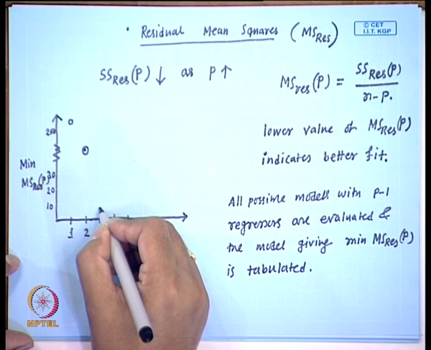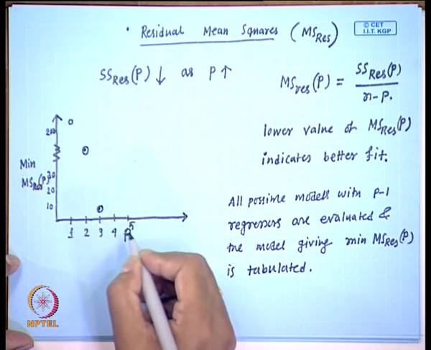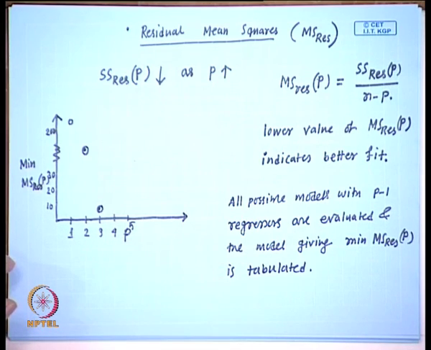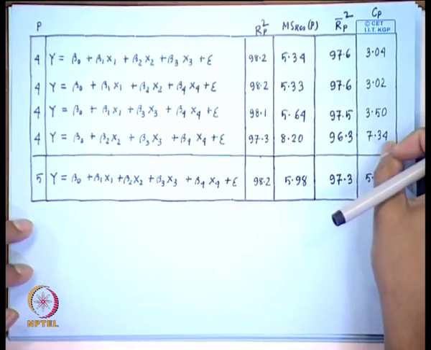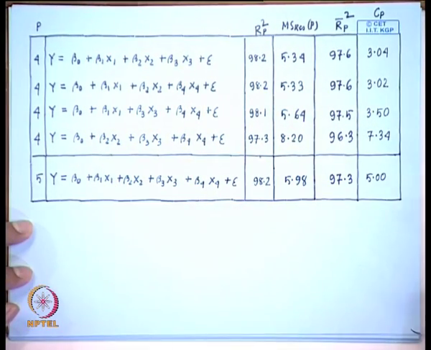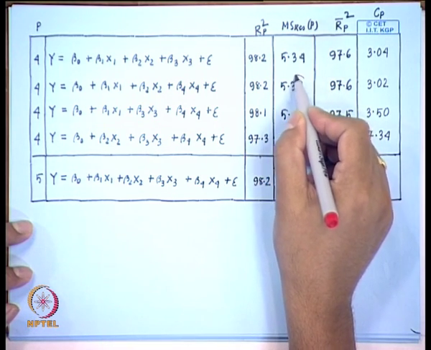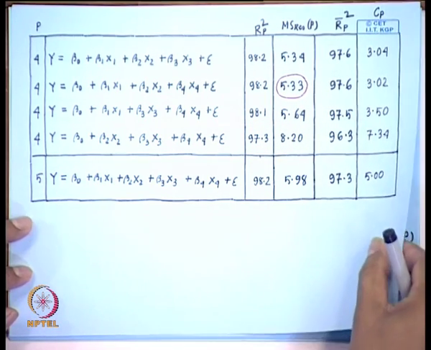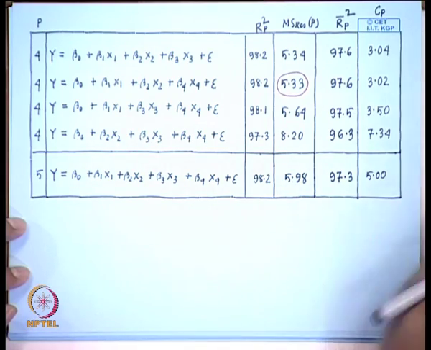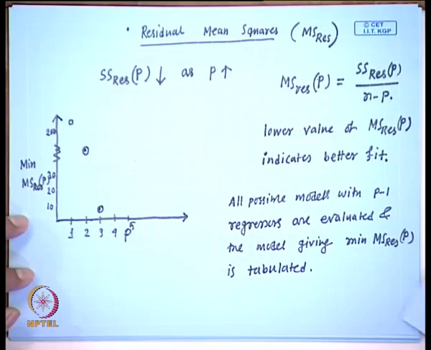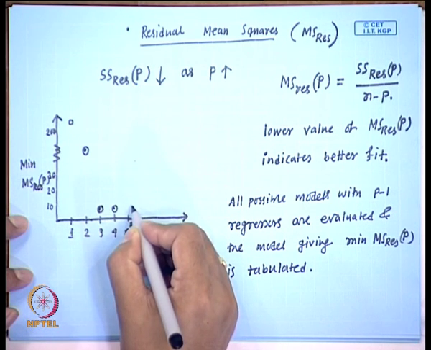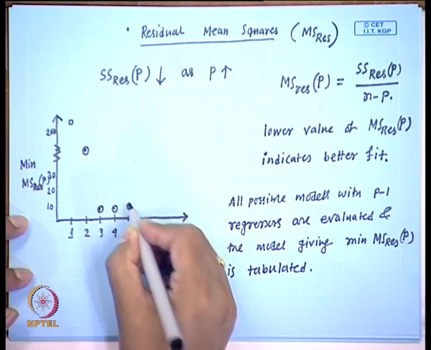So, somewhere here. For p equal to 4, the minimum one is 5.33. Okay. And for p equal to 5 it is 5.98. Okay. So, this is 5.33 and 5.98.